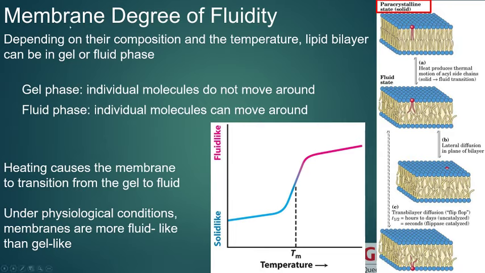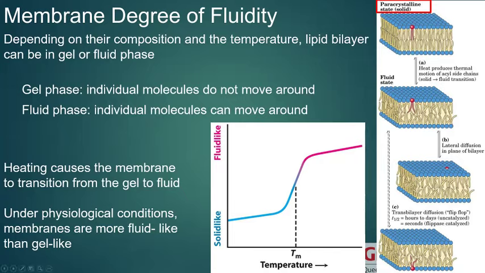So, membrane degree of fluidity. Depending on their composition, so the composition of the lipid bilayer, and of course the temperature to which it is exposed, it can be in either a more paracrystalline state, so sort of a quite solid, quite rigid state, or it can be in a very, very flexible and more fluidic state.